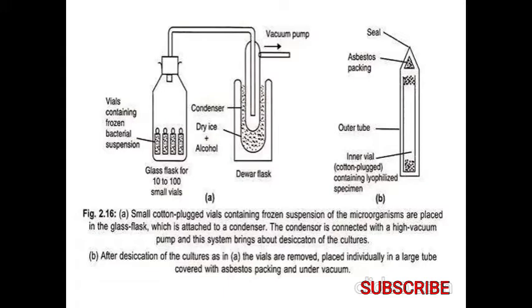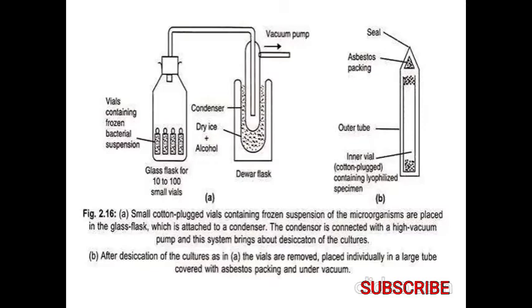After desiccation, when the culture has been desiccated, the vial is removed from this desiccator and then placed individually in a large tube. That large tube is covered with asbestos packing under vacuum. This is the structure where the seal is there.